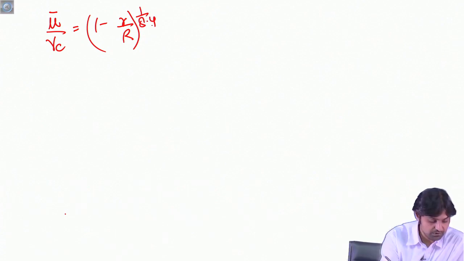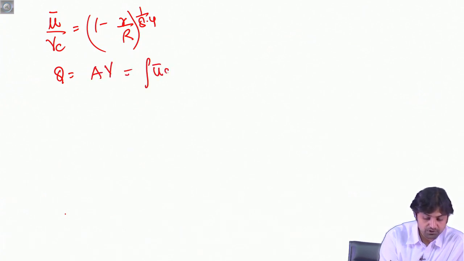Now we can use this formula: u bar by Vc is equal to 1 minus r by R, to the power 1 by n, the center line velocity formula. We also know that Q is equal to A into V, or the integral of u dA.